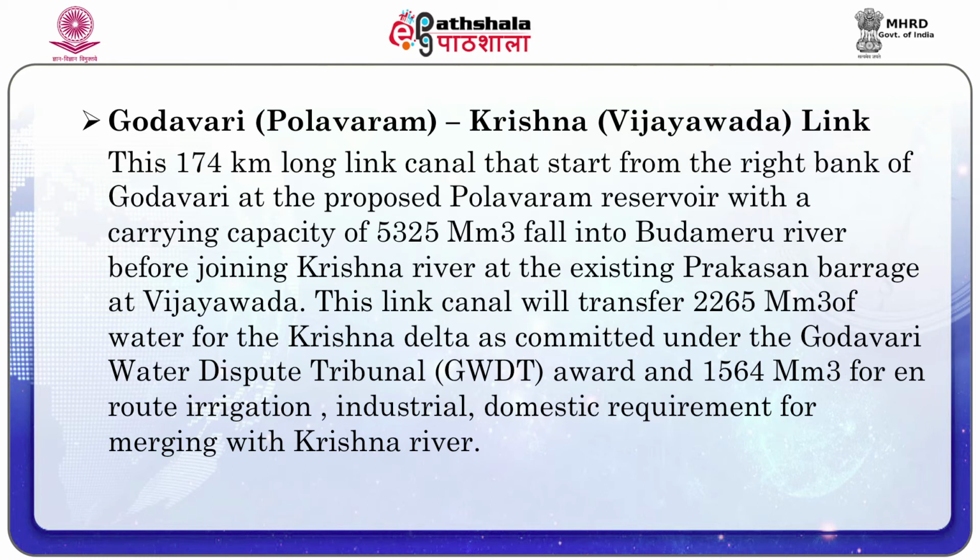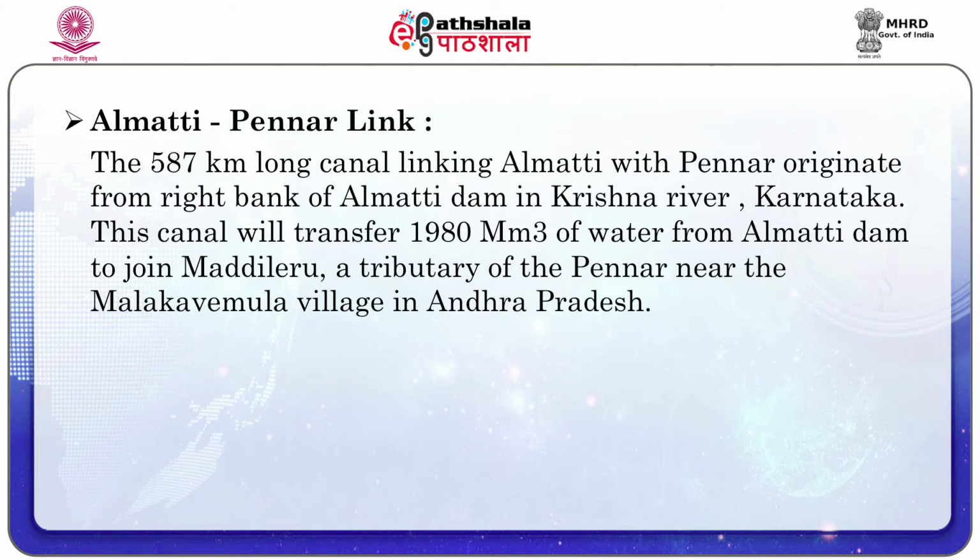This link canal will transfer 2,265 million cubic meters of water for the Krishna Delta, as committed under the Godavari Water Disputes Tribunal, and 1,564 million cubic meters for en route irrigation, industrial and domestic requirements before merging with the Krishna river.